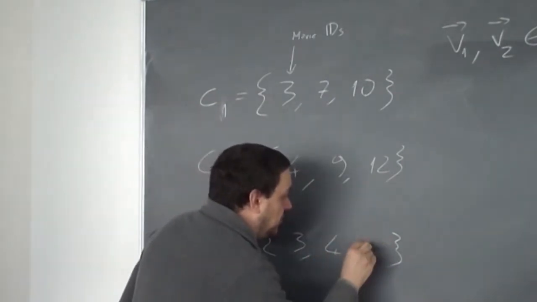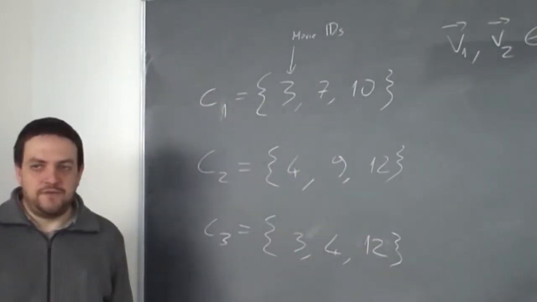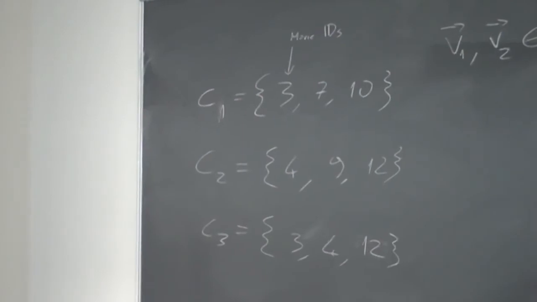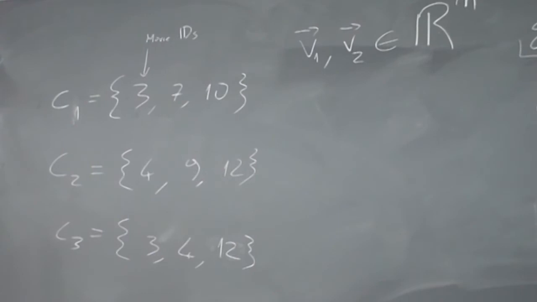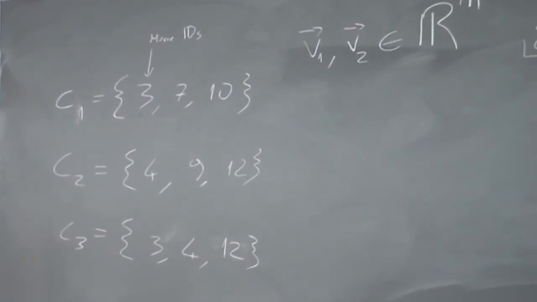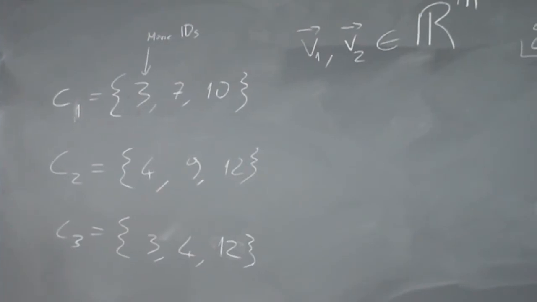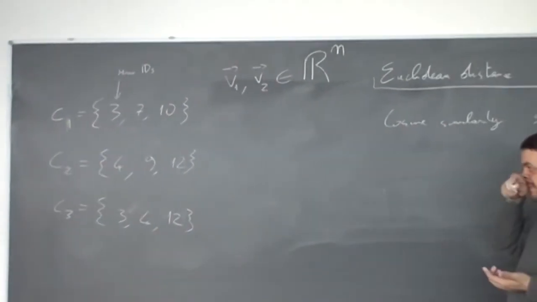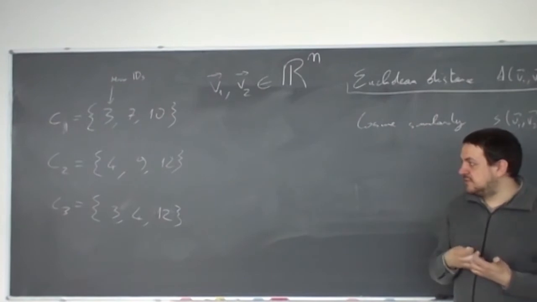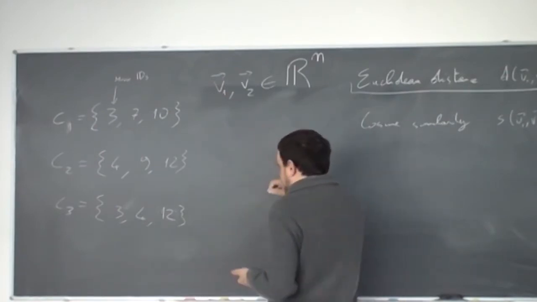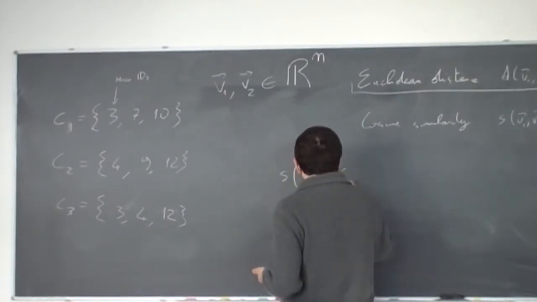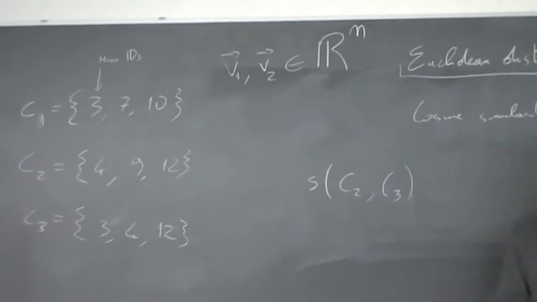Okay, let's put another common item between customers 2 and 3. If you want to look at the similarity between two customers, you can count the number of common items. How many movies were purchased by both customers? So, what's, for example, the similarity between customer 2 and 3?